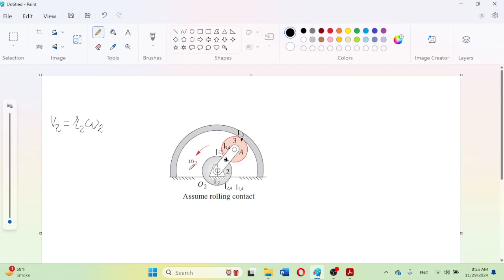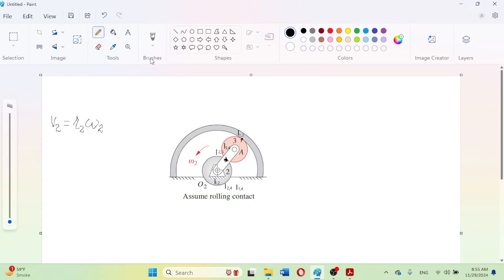That can be assumed to be any value, for example 5 radian per second, 2 radian per second, any value. The radius of link number 2 will also be given. So we will be calculating the linear velocity v2, and v2 will be for this point on the surface. Its angular velocity direction is counterclockwise.